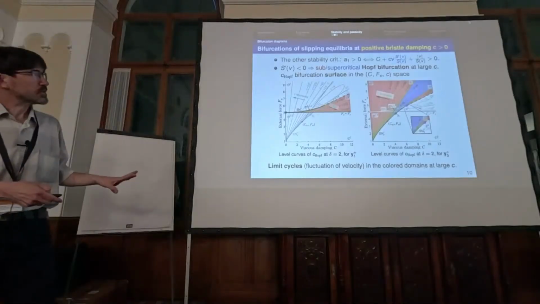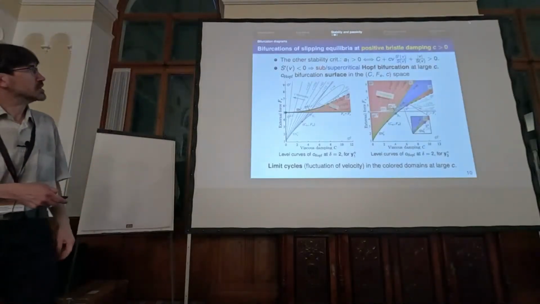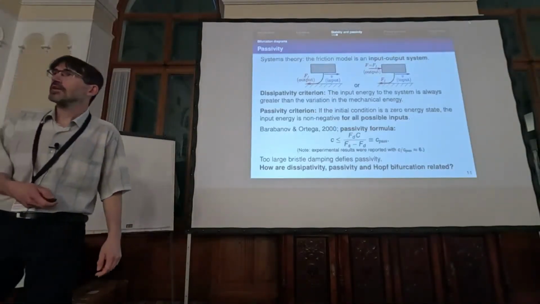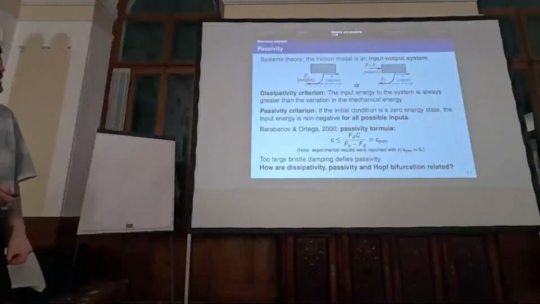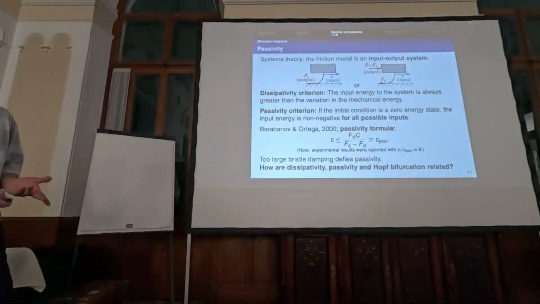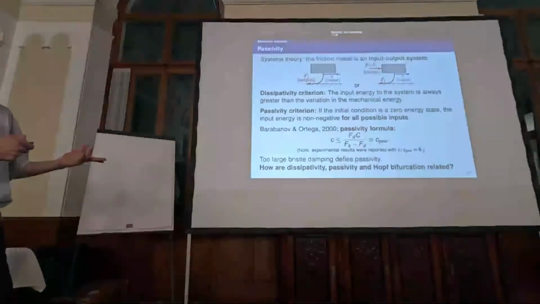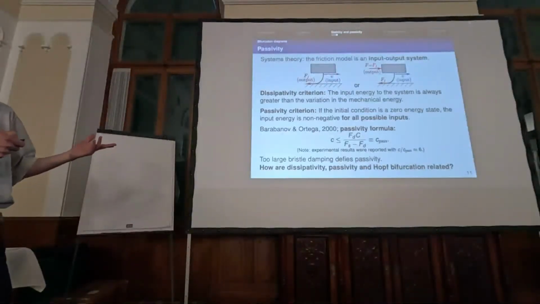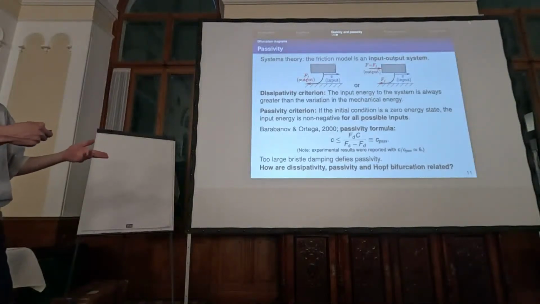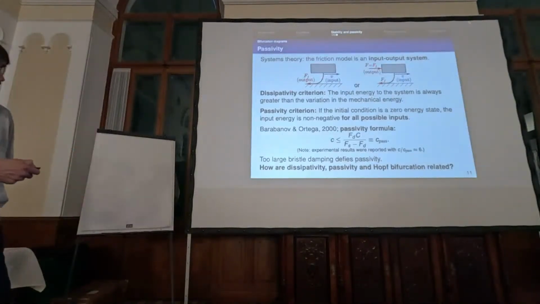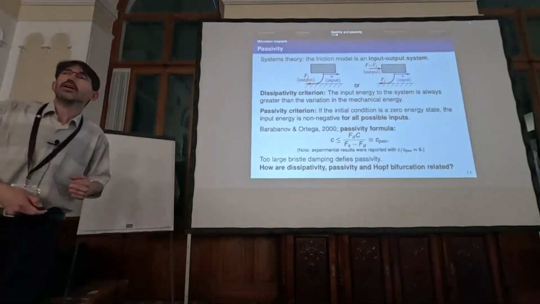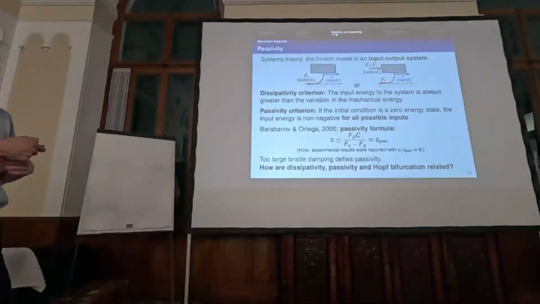At this point, we had to check the passivity of the system as well, since from a systems theoretic perspective, the friction model can be considered as an input-output system. The input is usually the velocity, and the output is a force, for example, the friction force. From a mechanical point of view, the dissipativity is what really counts.